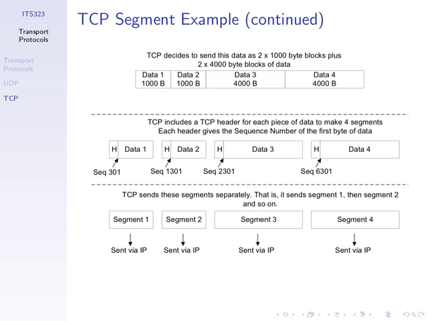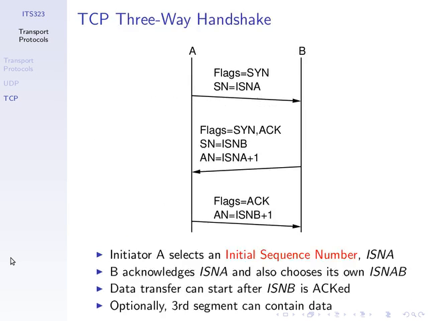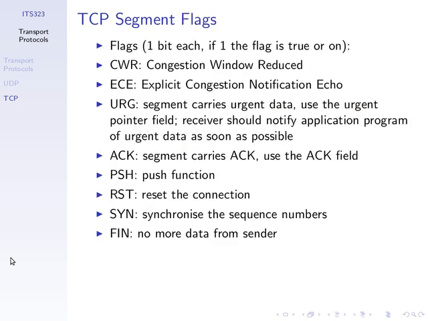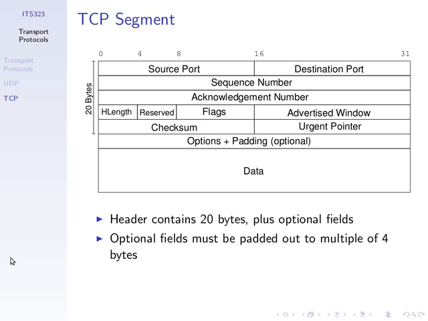This is counting data only. One of the fields in the header is the sequence number. If we go back to the header, somewhere, this field. So here's our data. Of course, another way to draw this segment is data and the header.